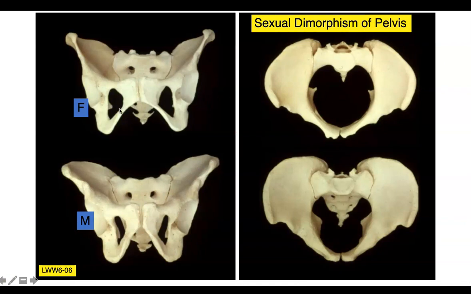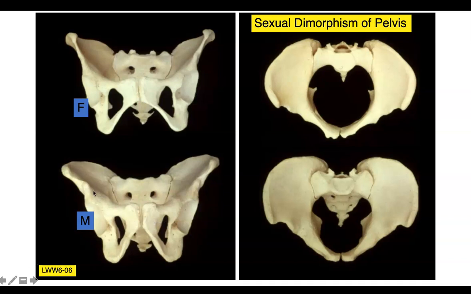There are differences between the male and female pelvis, because the female pelvis carries the child. For childbirth, the female pelvis has some important characteristics that differ from the male pelvis.